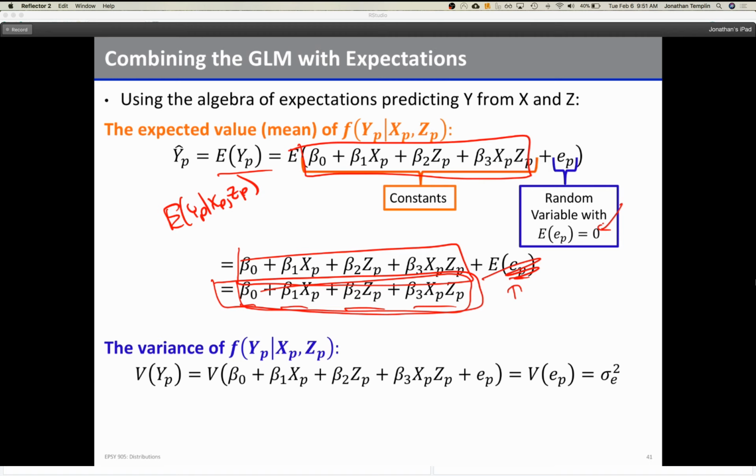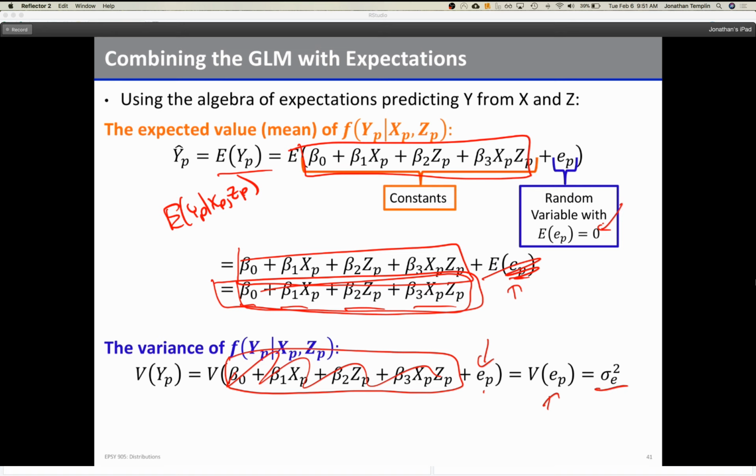Similarly, for the variance of y, we could do the same type of process. Now we've got a constant plus a random variable. Well, we knew from slides before that the variance of a constant plus a random variable, the constant does not shift the variance. So all this goes away, and what we're left with here is the variance of e, which is sigma squared e by definition, our residual variance.